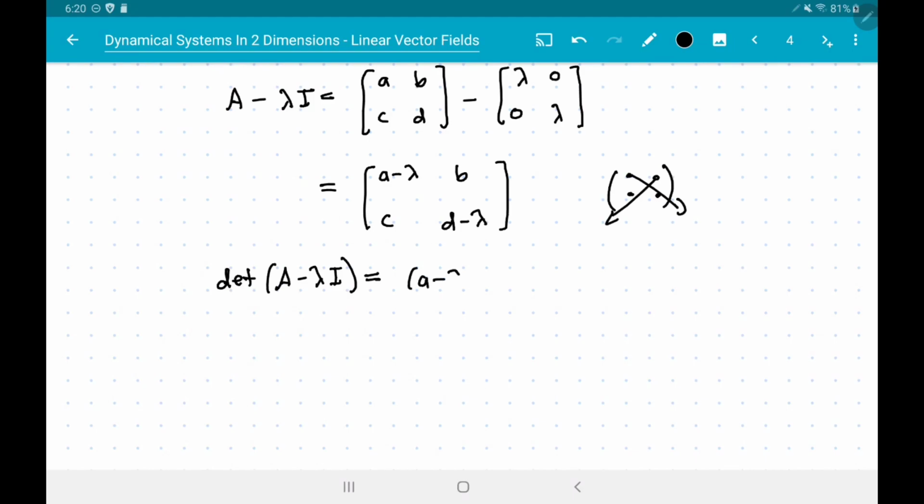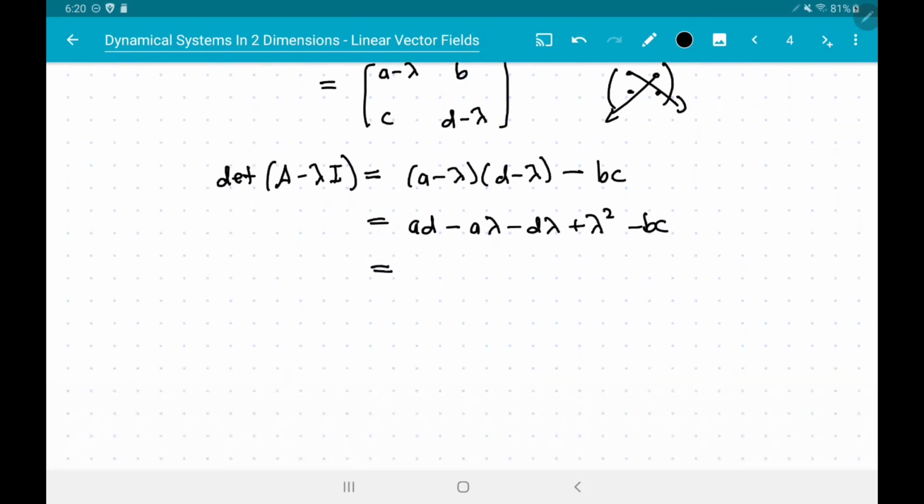So A minus lambda times D minus lambda minus B times C. If I FOIL all of this out, I'm going to get AD minus A lambda minus D lambda plus lambda squared minus BC. And if I regroup things and put all of the terms in a nice order, we get this.